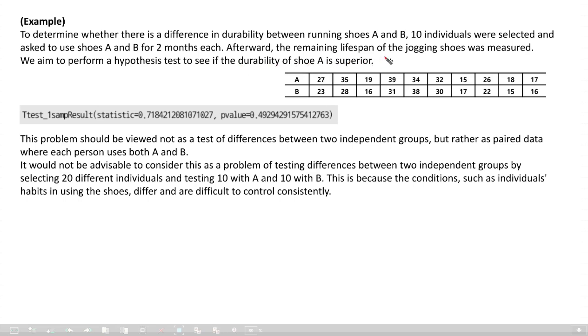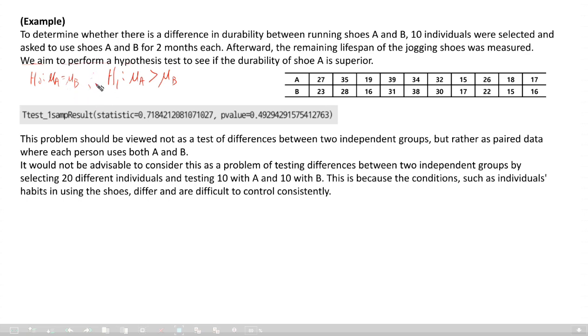Okay, let's see. H1 is mu A is greater than mu B. We aim to perform the hypothesis test to see if the durability of shoes A is superior, so the remaining lifespan is greater than B. H0 will be mu A equal to mu B. Okay?